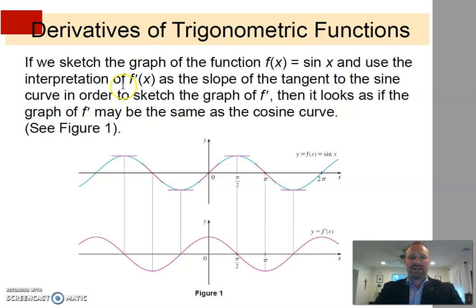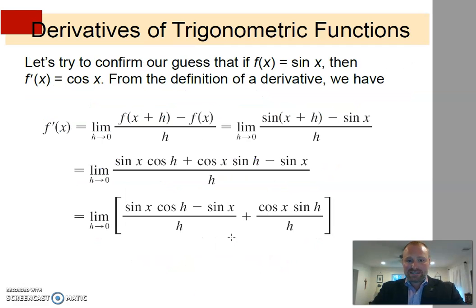And if we were to interpret the f prime of x as the slope of the tangent to the sine curve, in order to sketch the graph of the derivative of f, it looks very similar. We have the sine of x here, and over here we have the derivative of it, and it essentially looks like the cosine function when we take a look at it, right? So that's something to keep in mind.